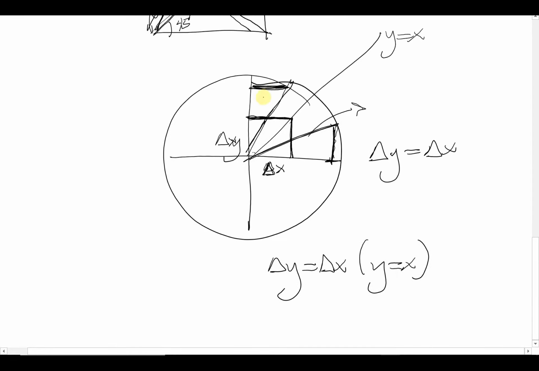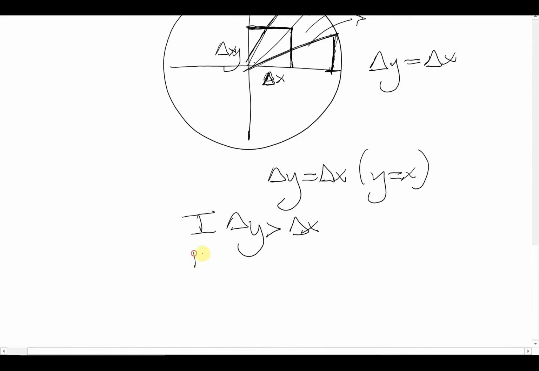So if we represent this half as quadrant 1 and this half as quadrant 2, in quadrant 1 we have delta y greater than delta x. But in quadrant 2, we have delta x greater than delta y, but in the same equal dimensional way.